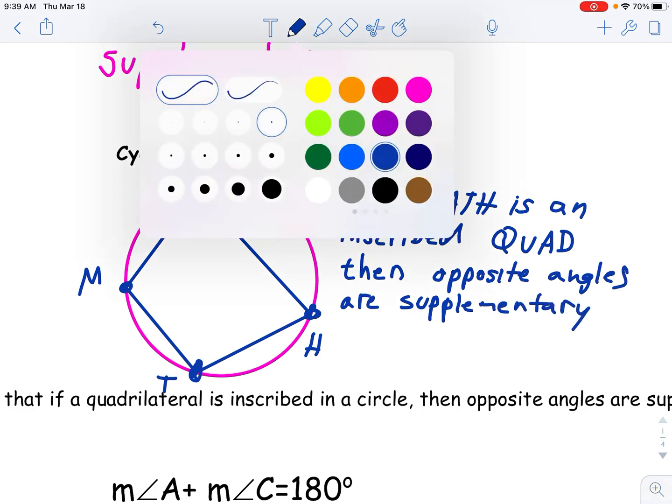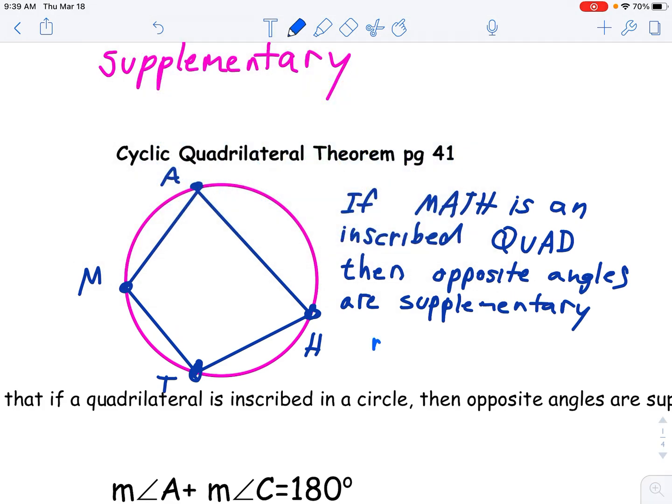So what does that specifically mean? It means the measure of angle M plus the measure of angle H equals 180 degrees. The measure of angle A plus the measure of angle T is 180 degrees. That's it. That's the punchline.